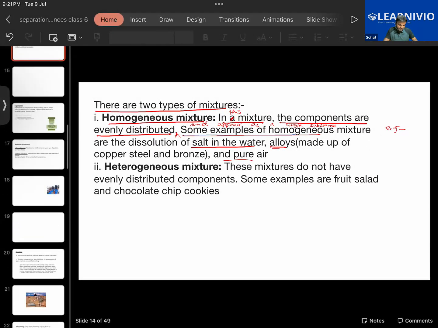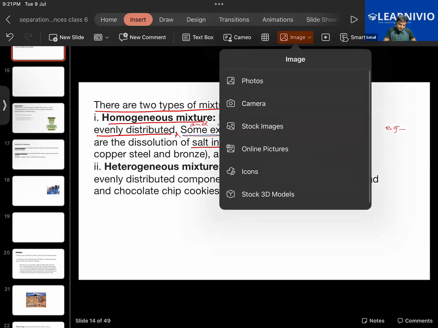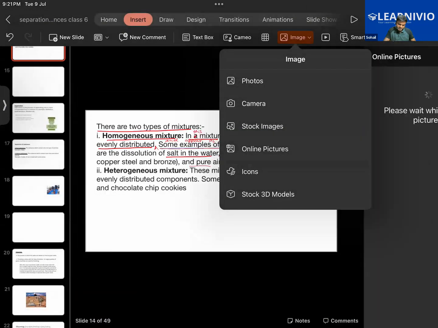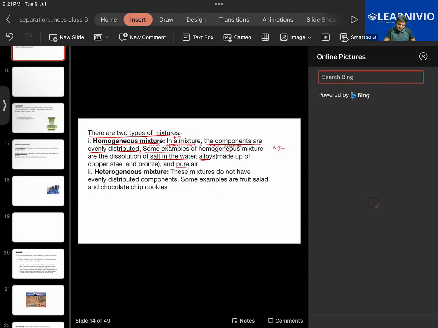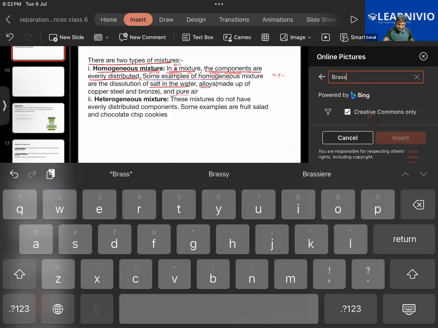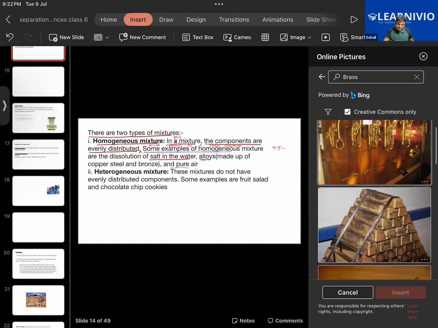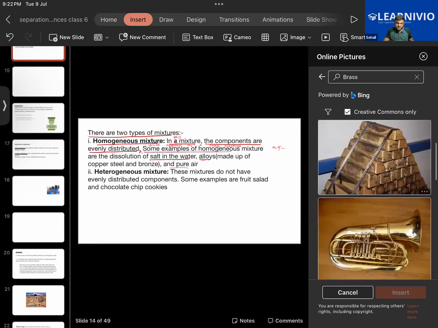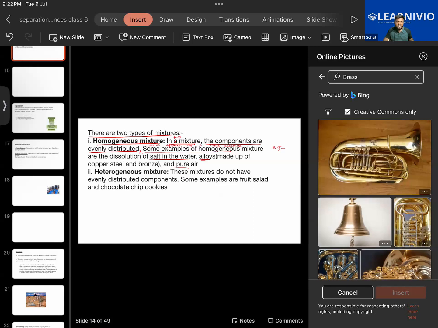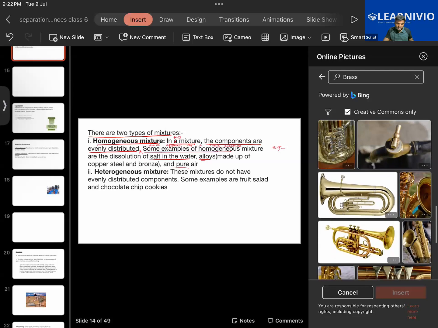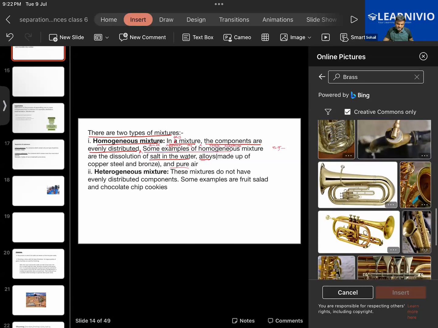I wish I had one image of it in the PPT. Just 1 minute. Let me take a quick image. Brass does not look like it is made up of two different substances. As you can see in this image, this is brass. This trumpet is made up of brass. The temple bells are also made of brass. Even this tap is made of brass.